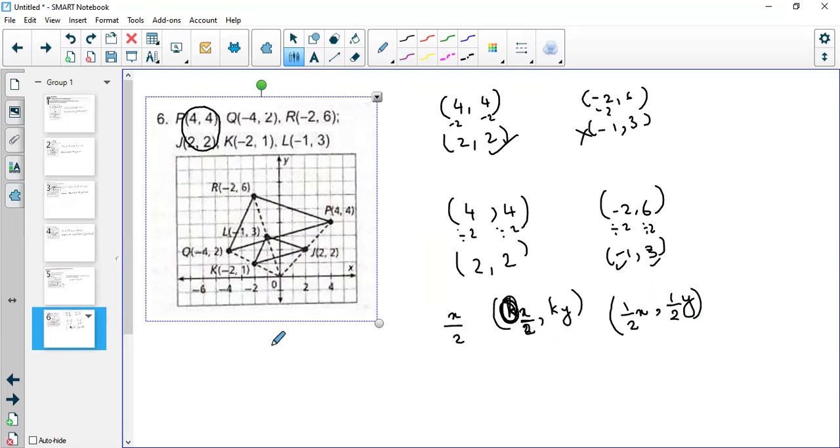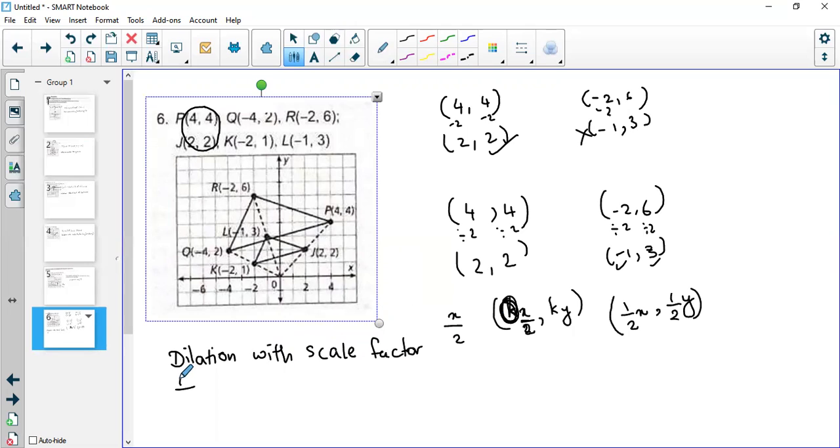Now, let's write what kind of transformation has taken place. The transformation is dilation with scale factor, what was the scale factor?